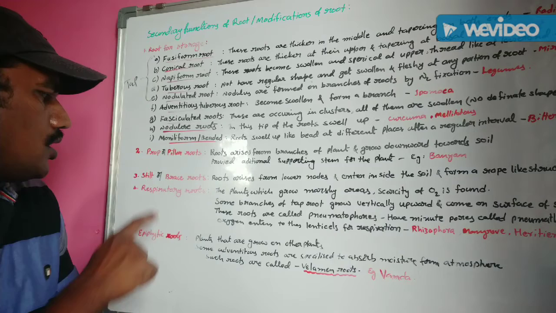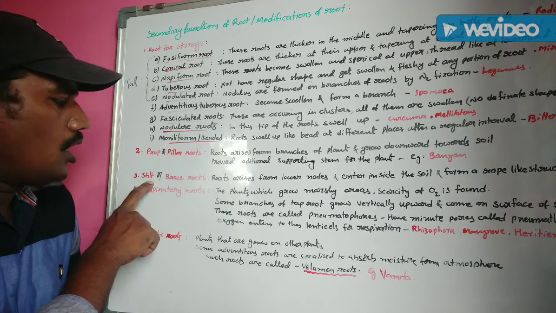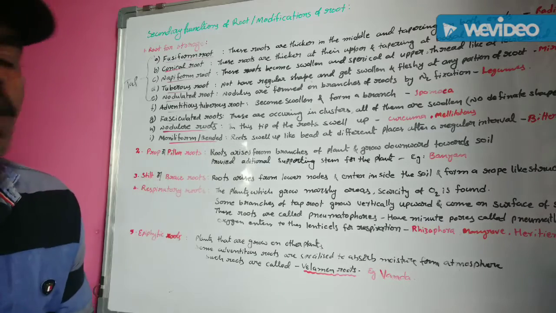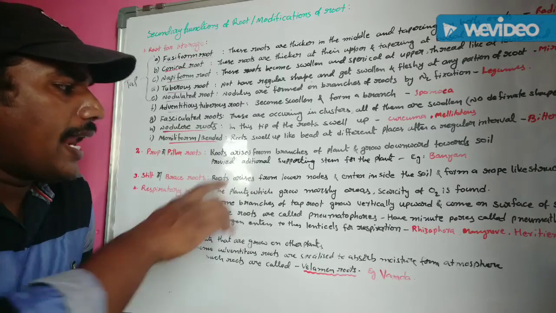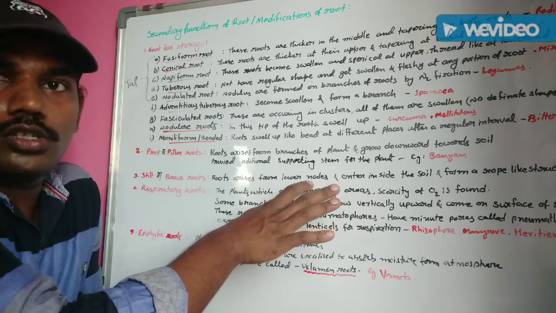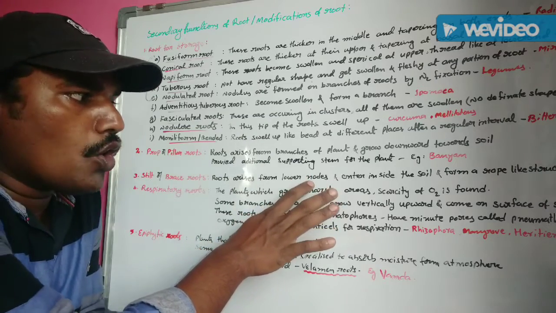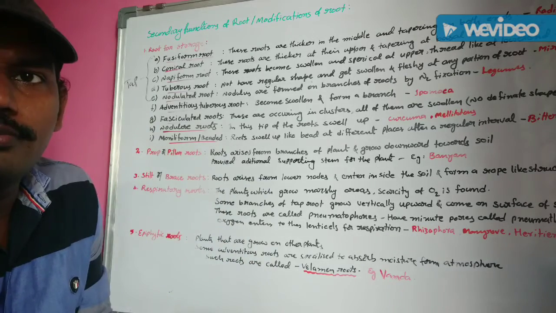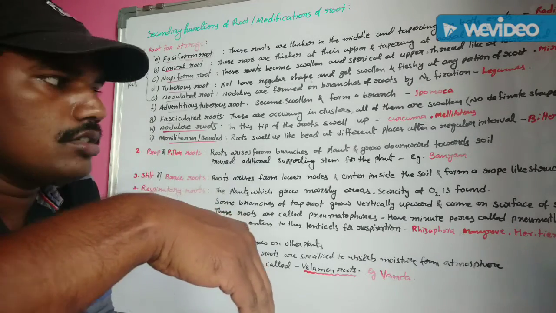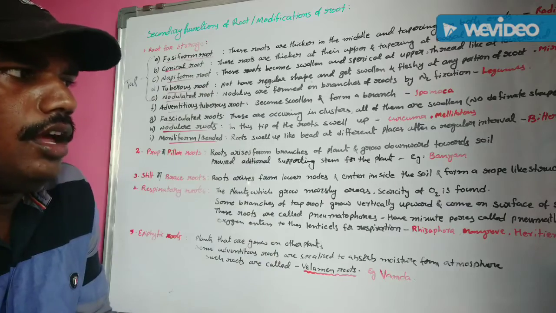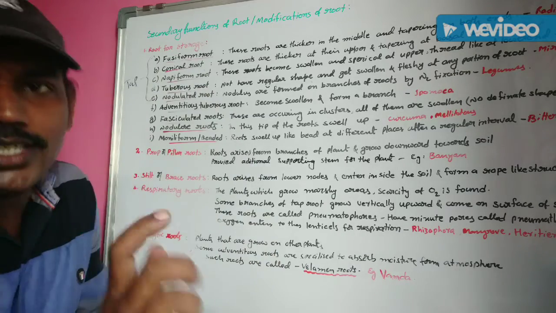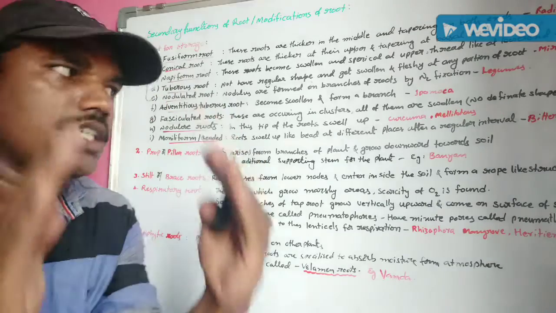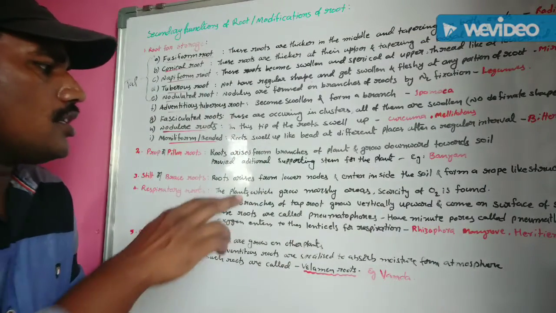The next root modification is the stilt or brace root. These roots arise from the lower nodal regions of the stem, grow downwards, enter the soil and form a rope-like structure in this way.